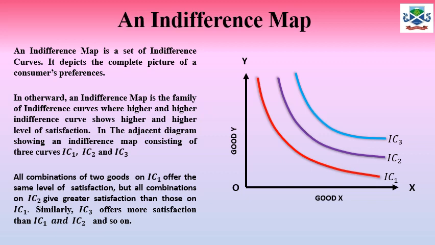So all combinations on IC1 offer the same level of satisfaction, but all combinations on IC3 give you greater satisfaction than those on IC1 or IC2. Similarly, IC2 offers more satisfaction than IC1, and so on. So that's the indifference map.